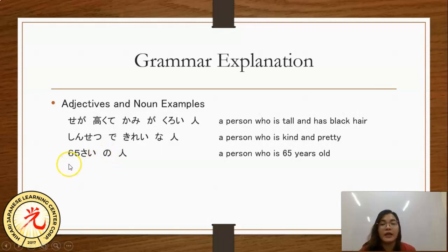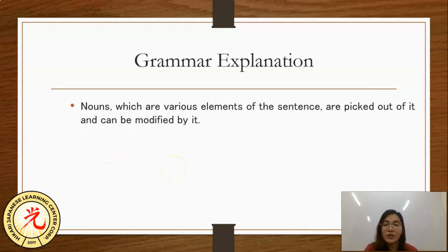Okay, so, like in the last example, a person who is 65 years old, that would be 65歳の人. So, may particle no siya between two nouns. Okay? So, nouns which are various elements of the sentence are picked out of it and can be modified by it.